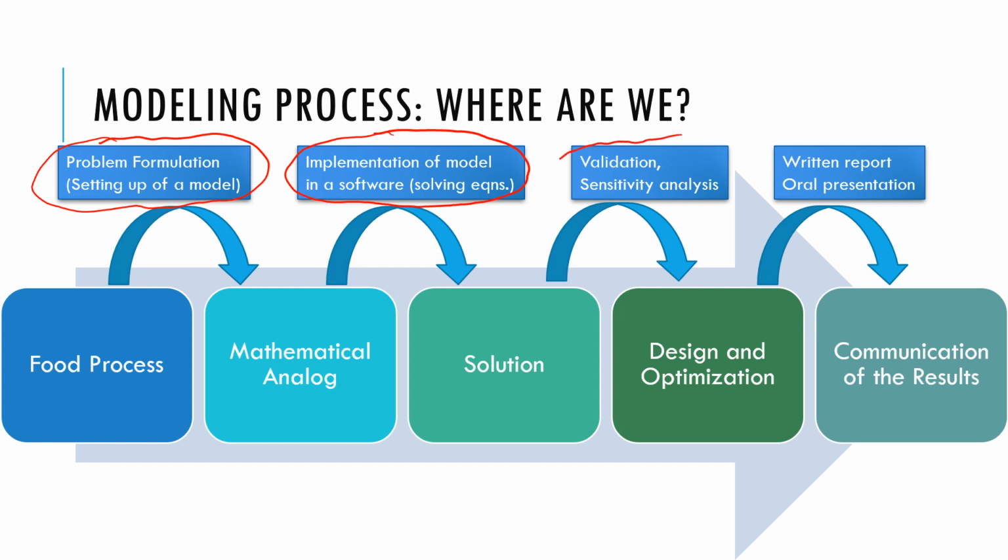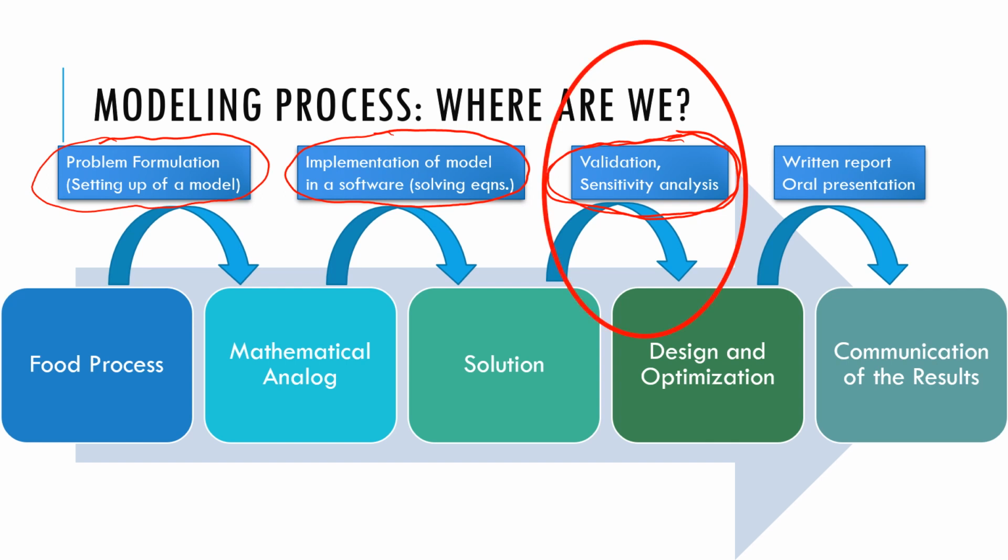Then once we start to get results, we have to do validation and sensitivity analysis in relation to the model. This set of 5 videos relates to this part, validation and sensitivity analysis.